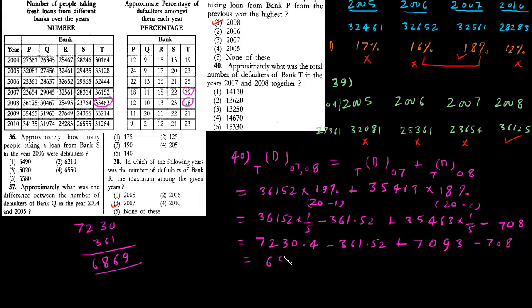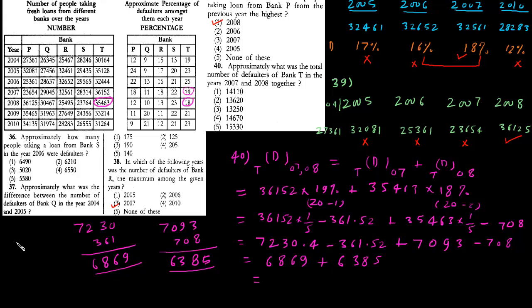Here we are getting 6869 for this, plus 7093 minus 708. 13 minus 8, that is 5. Here we are getting 8. Here 10 minus 7, that is 3, and here we get 6. So here 6385. This figure has been simplified.